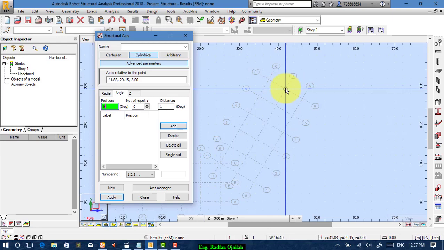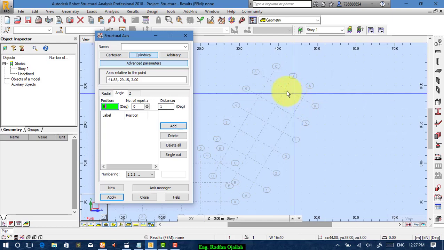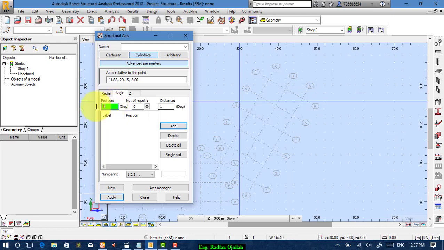Well, if we are standing here at this point, we have a horizontal line, and the grid line, this one, the line number 6, is going down at an angle of 30. Then add here 30 and it's minus.